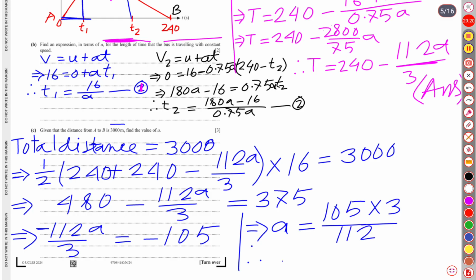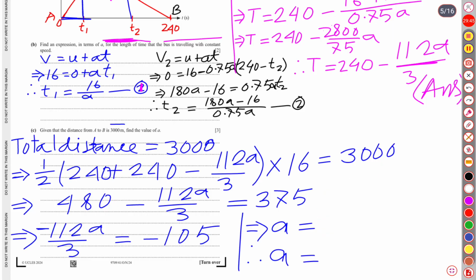Let us do the multiplication. No, we have made a great mistake here.